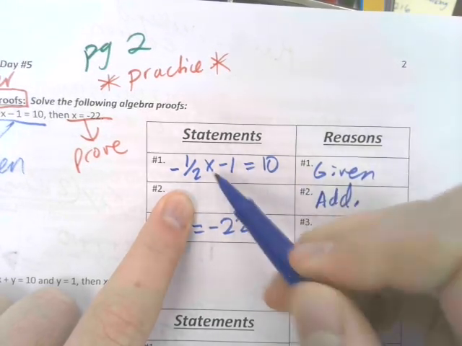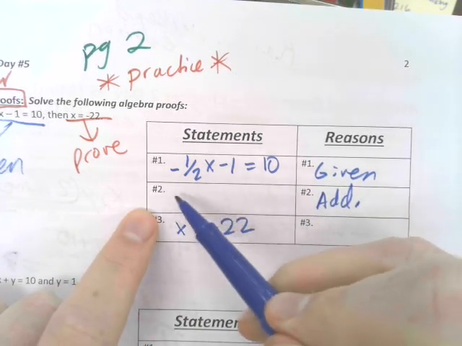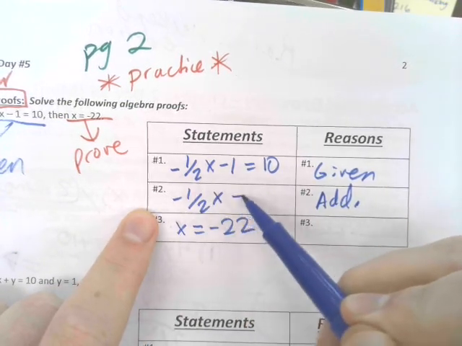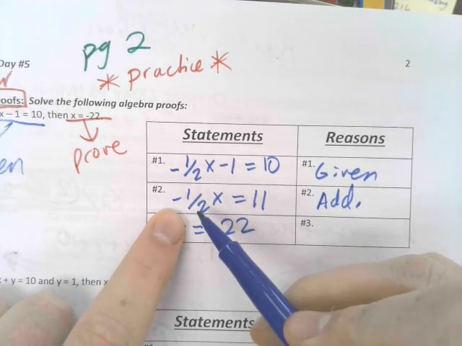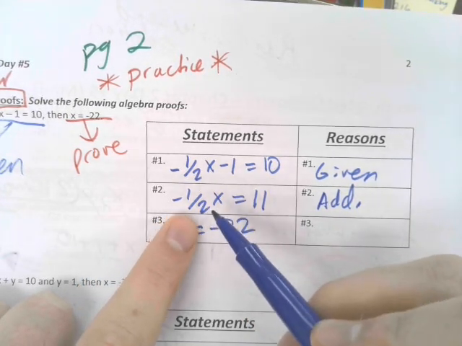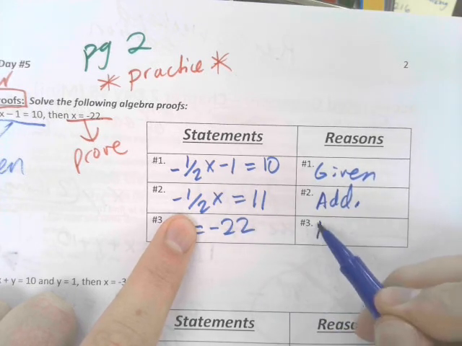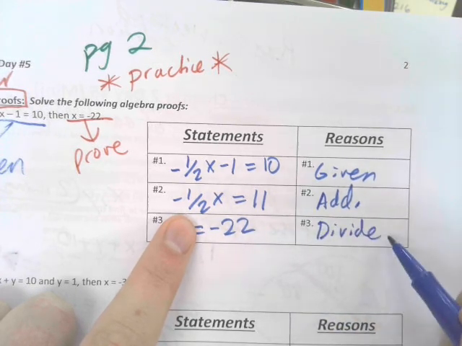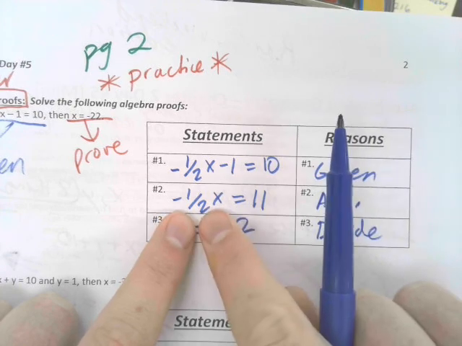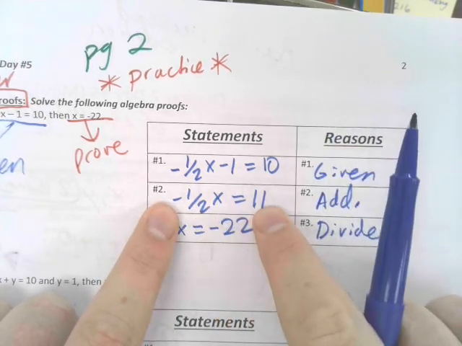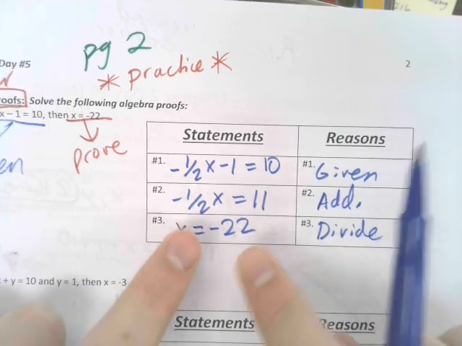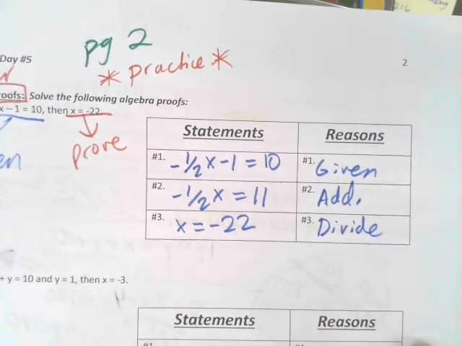So through the addition property, we add 1, and that leaves us with negative 1/2 x equals, add 1 over, that is 11. And then to take care of that negative 1/2, we can divide by negative 1/2. When you divide by half, it actually is like multiplying by 2. But since it's a negative, 11 divided by negative 1/2 is negative 22.